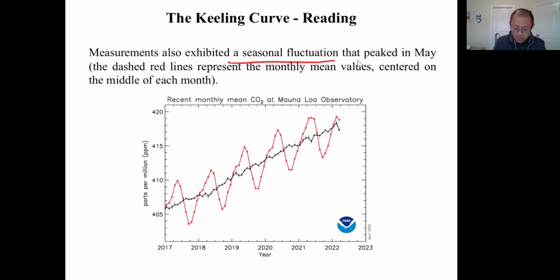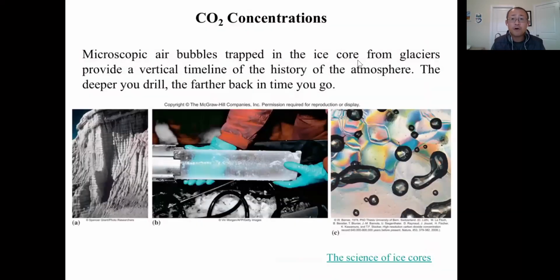And if we really want to know historical data of carbon dioxide, we have our own way. Scientists can get the carbon dioxide concentration from a long time ago, from a vertical timeline, by digging ice cores from glaciers.